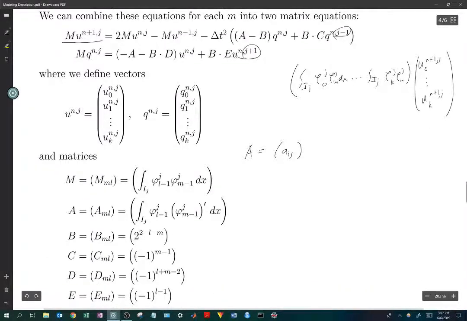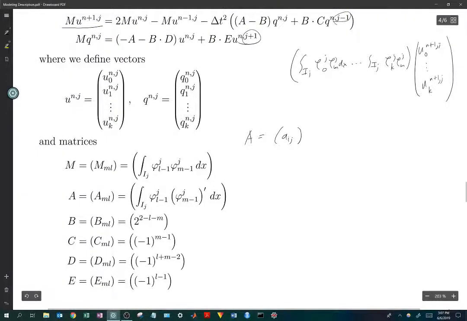Because b takes care of the 2 to the exponent, and then c takes care of the minus 1 term. And so you're multiplying these matrices element-wise rather than taking the actual matrix product. So that would be like 1, 1, 2, 3 times 2, 1, 2, 1 equals, so 2 times 1, 1, 4, 3. So that's what this dot product is that we see up here.